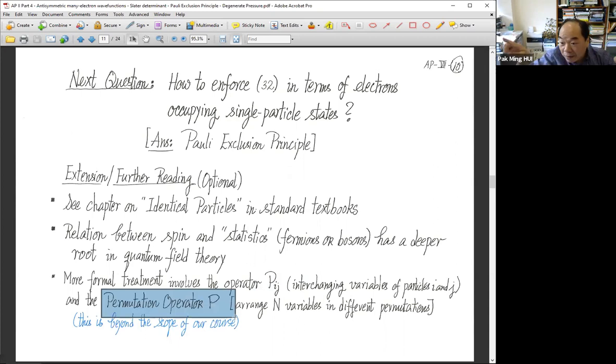It tries all the permutations, 1, 2, 3, then 2, 1, 3, then 1, 3, 2, all the arrangements of the variables. That is more advanced. Nonetheless, I hope I have conveyed the key physical point with the simple example of a two indistinguishable particle wave function. That is sufficient for our purpose.